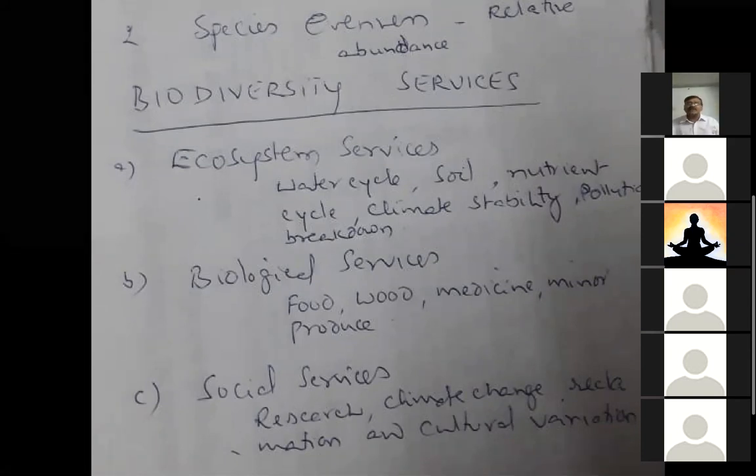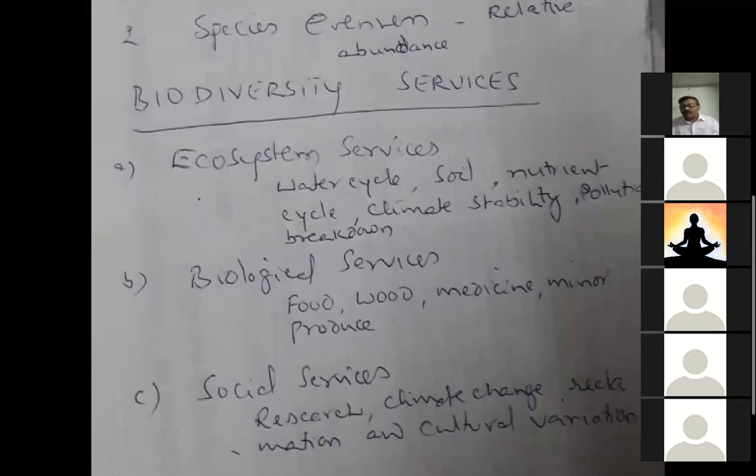The uses of biodiversity are also called the services biodiversity is rendering to mankind. Different terminologies are there, but there are two prominent ways they categorize. They categorize it as ecosystem services, which are related to the benefits mankind gets based on the factors of the ecosystem.